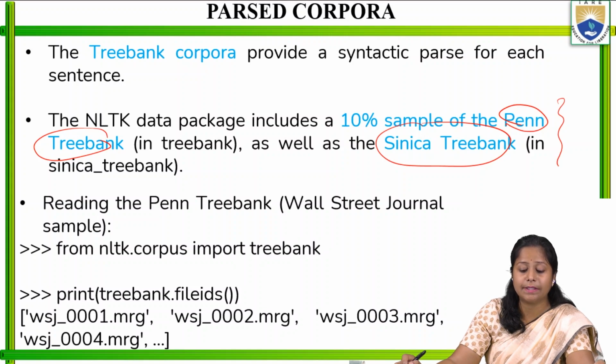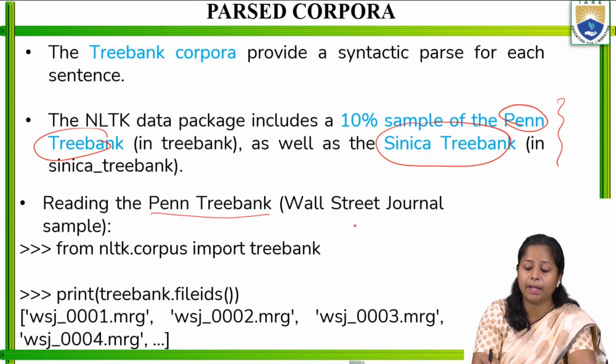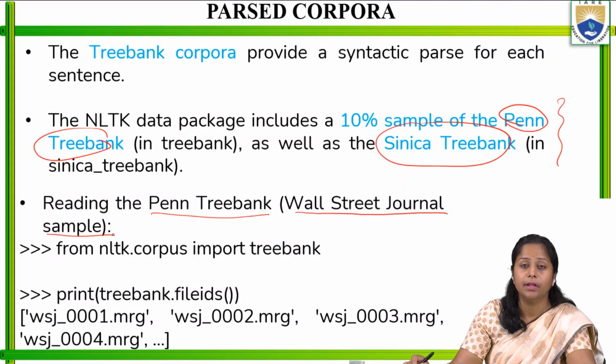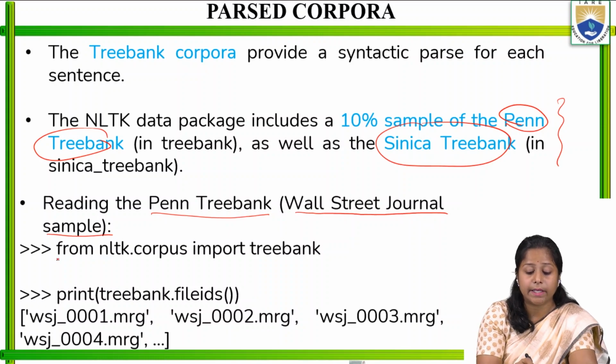So how to read that Penn Treebank, which is actually a Wall Street Journal sample, that is, a Wall Street related document. When I need to import those, what do I need to write?